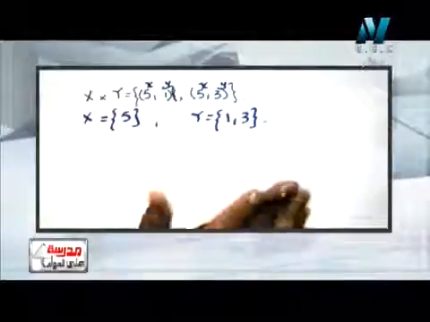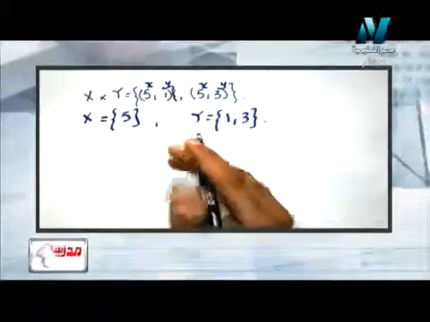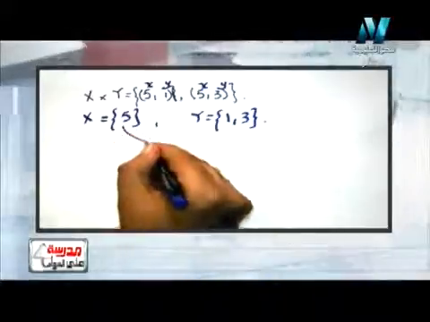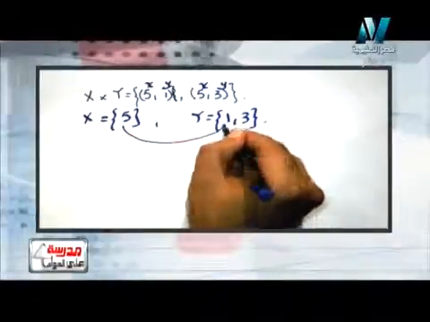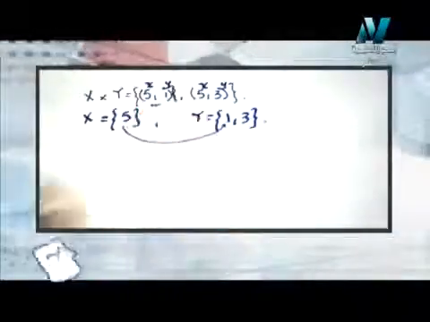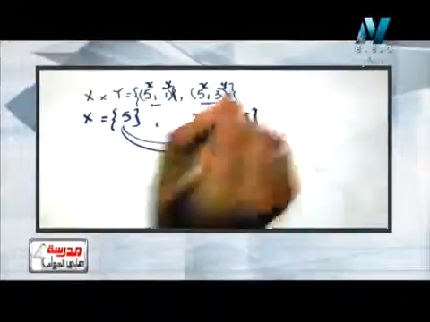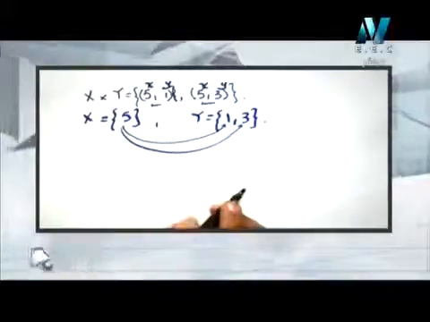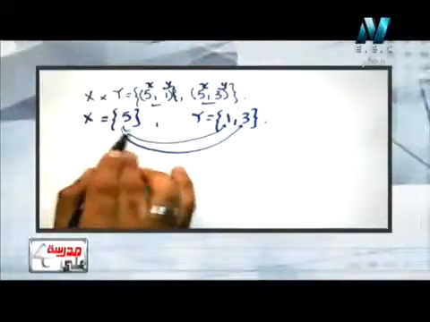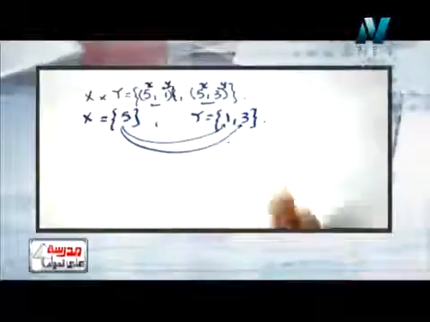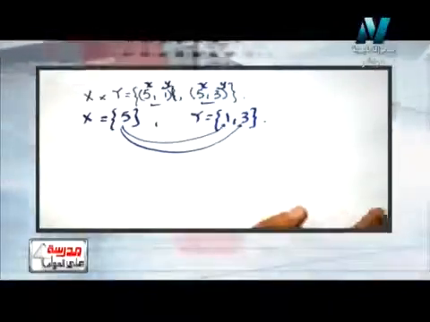You can check your answer by making the Cartesian product: 5 and 1 as the first ordered pair, then 5 and 3 as the second ordered pair.